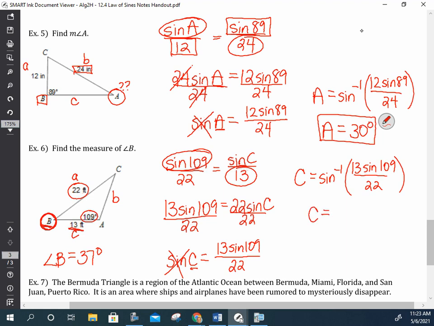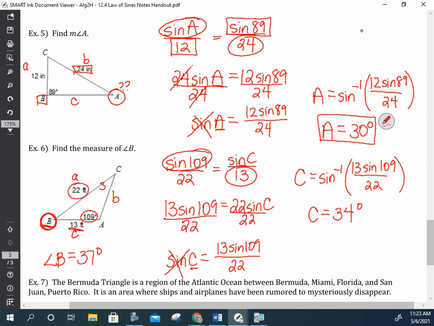If you solve that out, you should get 34 degrees, which I'm confident most people got. And then we're wondering, well, why didn't my answer come out to be 37? That's C. We were looking for B.